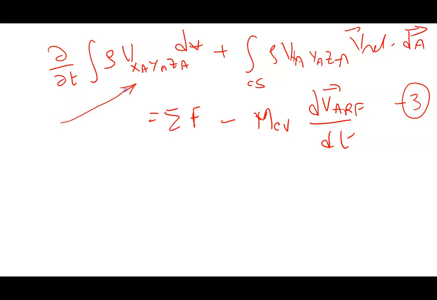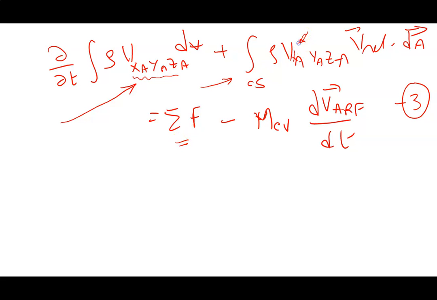I'd have the rate of change of momentum inside my control volume with all velocities measured with respect to my reference frame. I have the outflow minus inflow momentum across the control surface, with the velocities for computing momentum measured with respect to my reference frame, equal to the sum of all the forces.